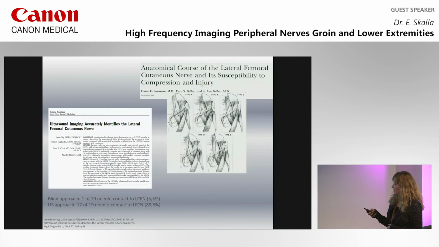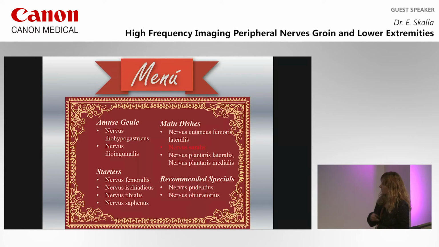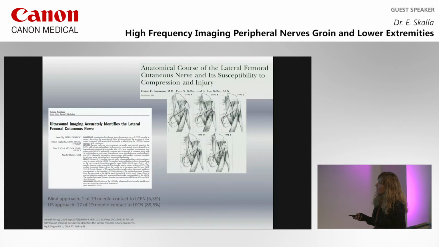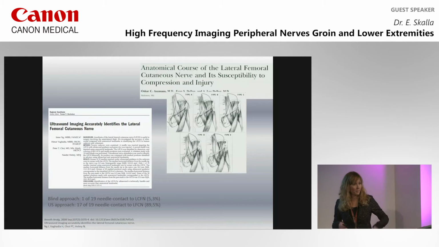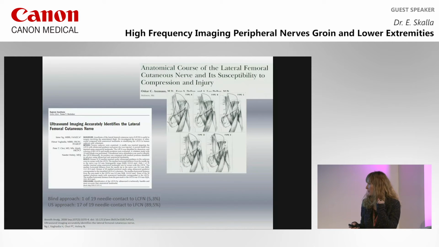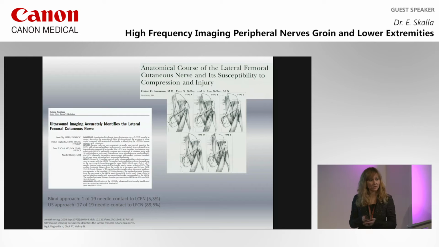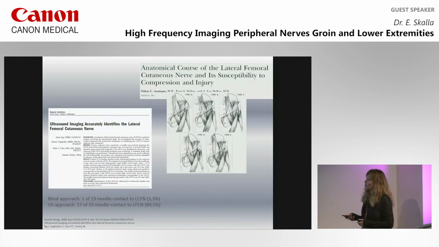And this is a study they did. They did a cadaver study, and on one side, a blind approach, just by palpating the anterior superior iliac spine. On the other side, with ultrasound, and then they controlled it. With the blind approach, just one of 19 needles had contact with the lateral femoral cutaneous nerve.